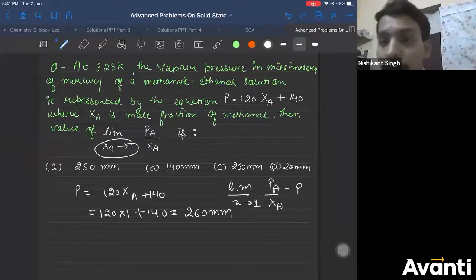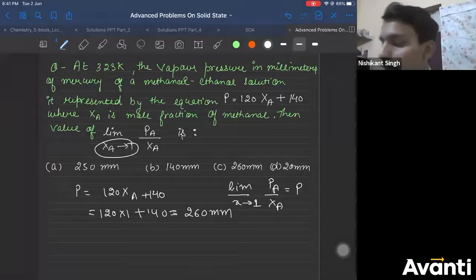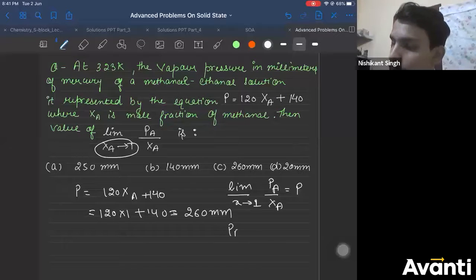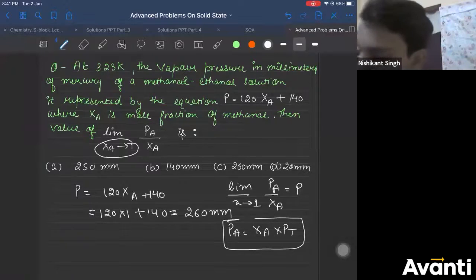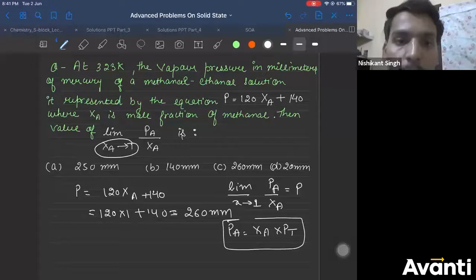Why? Because XA tends to 1 means there is no B. You have only A. So you can apply Dalton's law of partial pressure. PA will be equal to XA into P total. You can apply this. I hope it is clear.